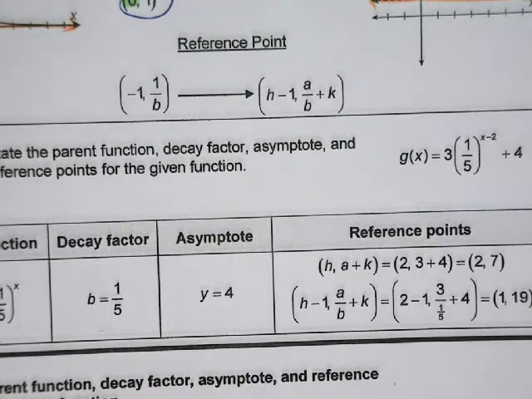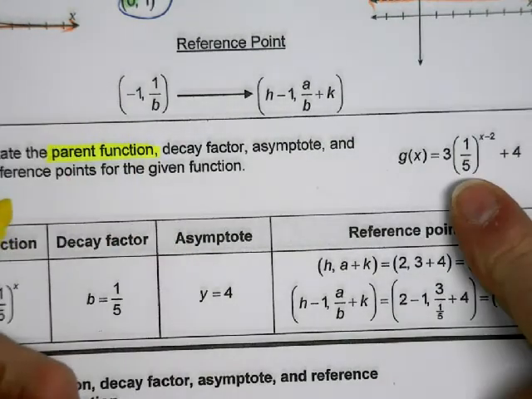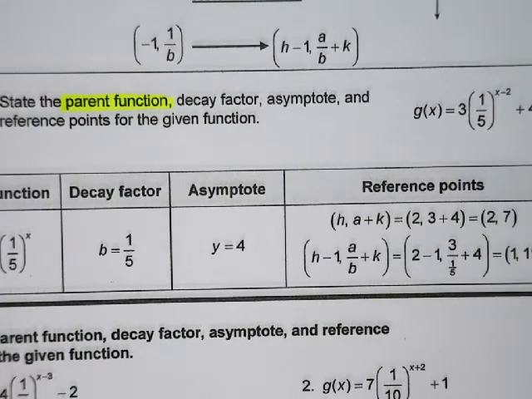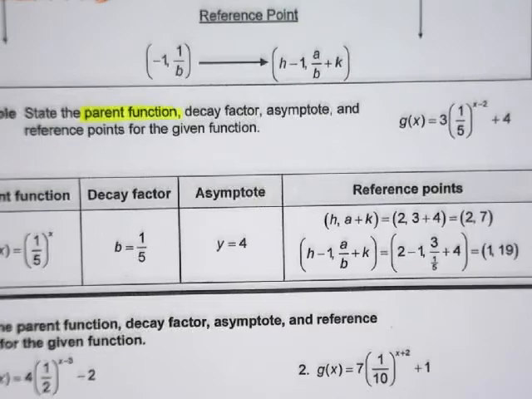Now, for whatever reason, I guess it affirms our need to understand parent functions. They want you to take the function they give you and rewrite it back to how it was before it was transformed. Let me zoom that out a little bit.